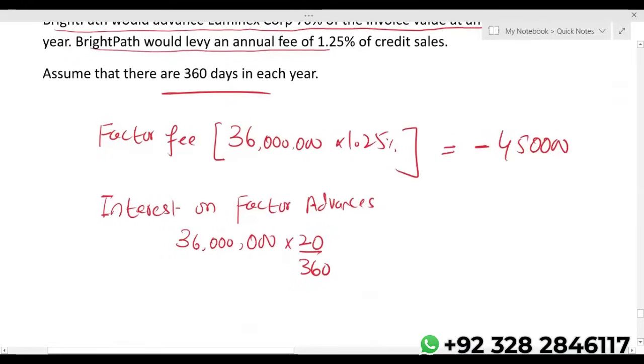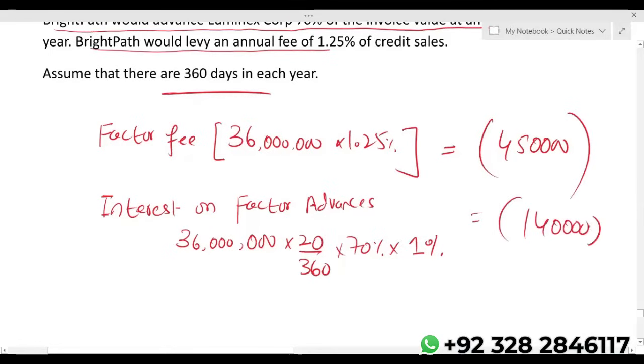Factor is saying factor will give us the advance of 70%. How much additional is factor charging? 1%. Because normal OD rate is 8, factor is charging us 9. Let's use the calculator. 36 million. Students, I'm getting 14,000. Interest on factor advances is 14,000.